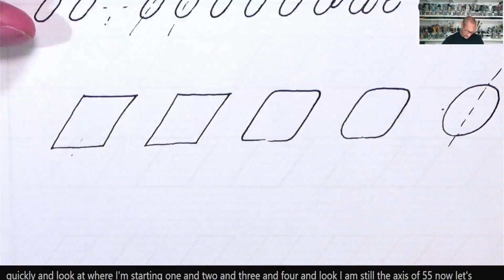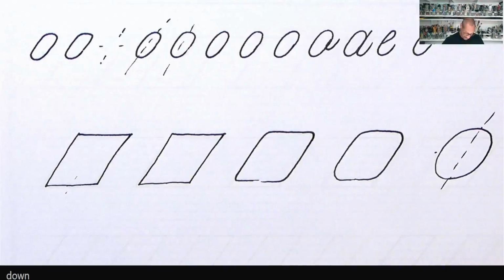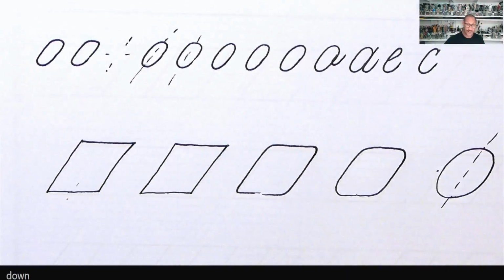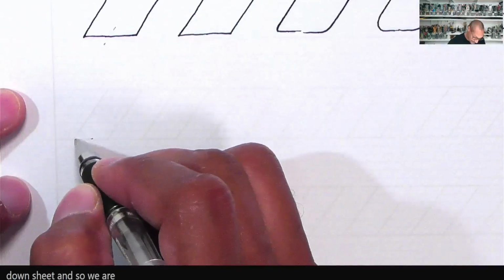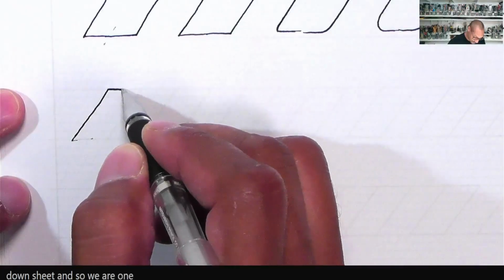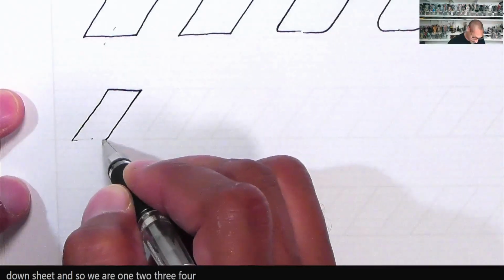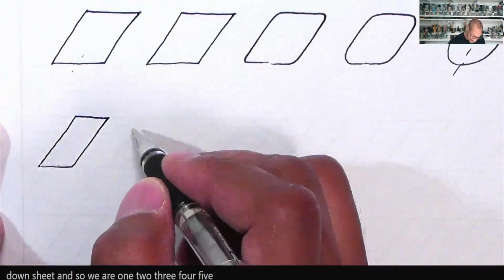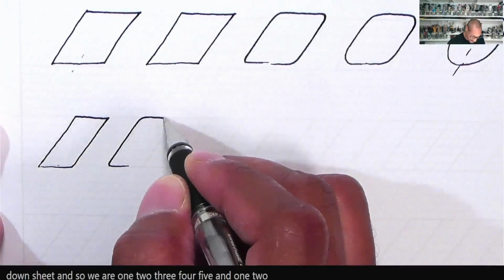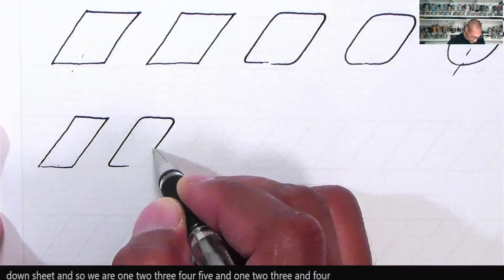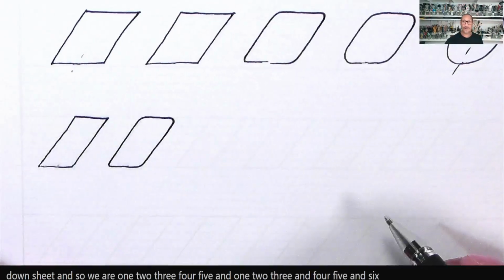Now let's go down a sheet. And so we are 1, 2, 3, 4, 5. And 1 and 2, 3 and 4, 5 and 6.